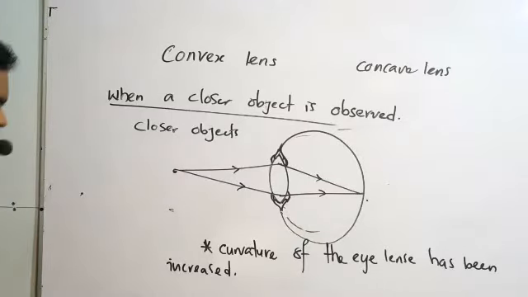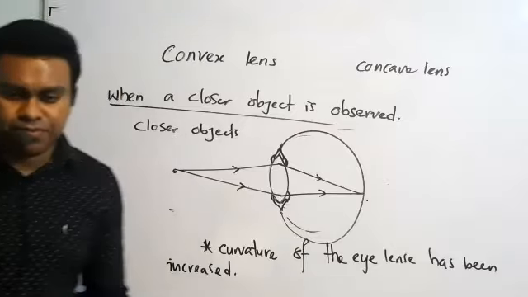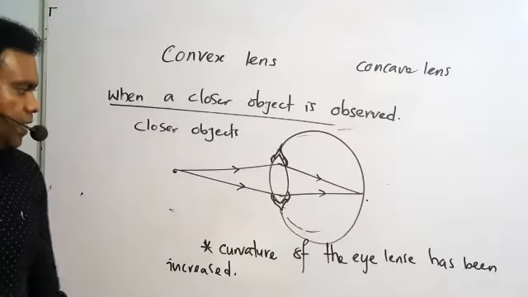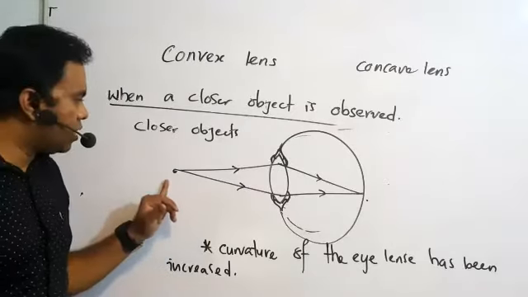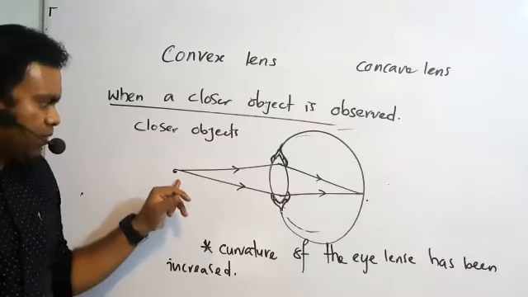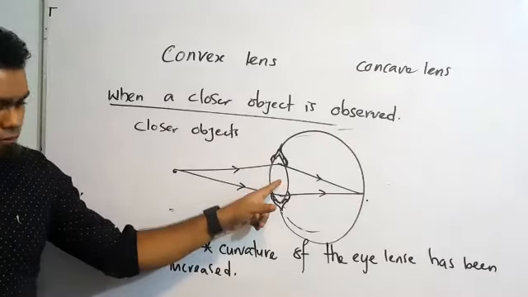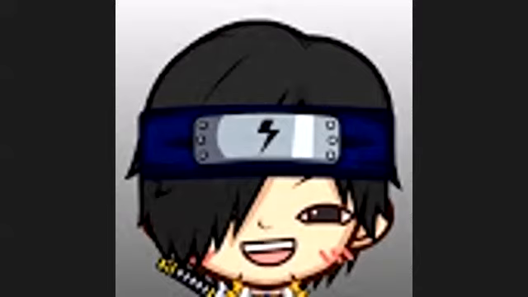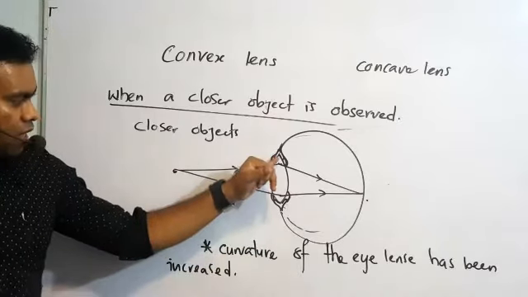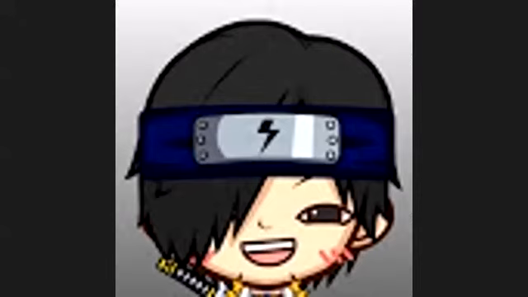Dulkit, can you understand what happens here? Yes, sir. Okay, so what happens when closer objects are observed? The curvature of the lens is increased.